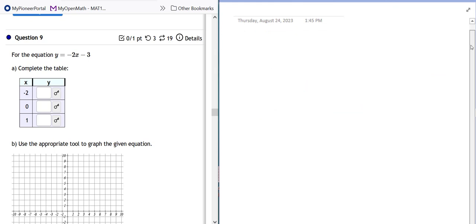All right, 9 is another one that's going to have us complete the table. So they're giving us a start for drawing this graph. If you have done a lot of graphs and you know slope, it's okay to go ahead and graph this with slope. But you would have to answer the table to get the question correct.